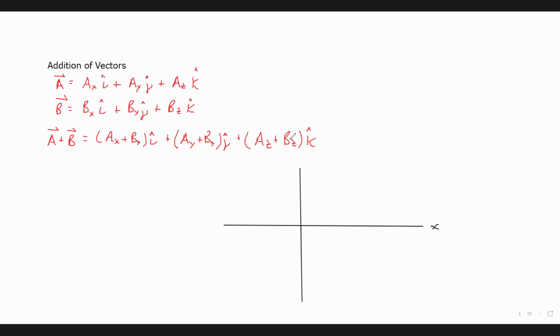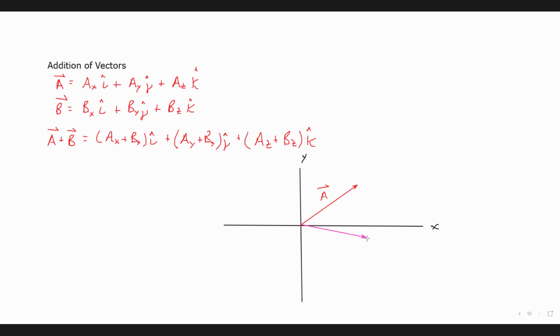Here's X and here's Y. And let's say that A was this vector. And B is that vector.